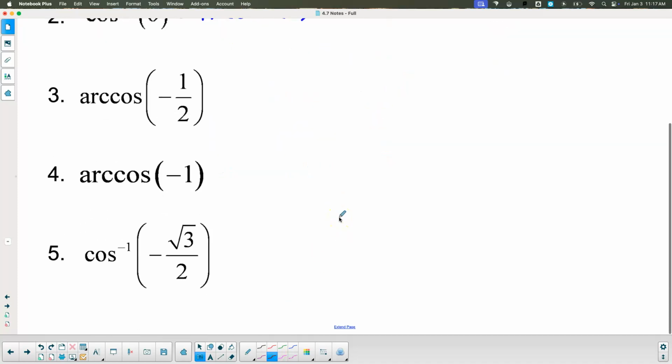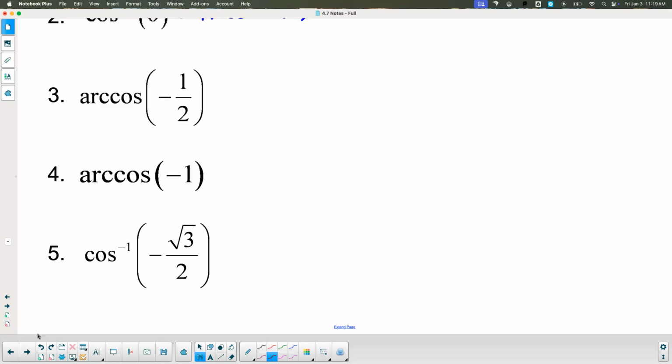You now try those three. Top half, where is cosine negative 1/2? 2 pi over 3?